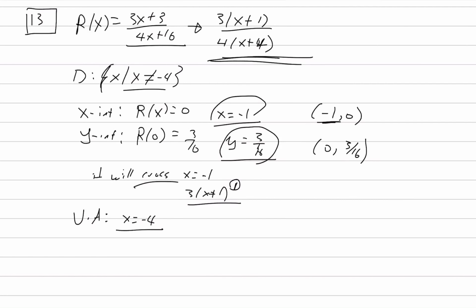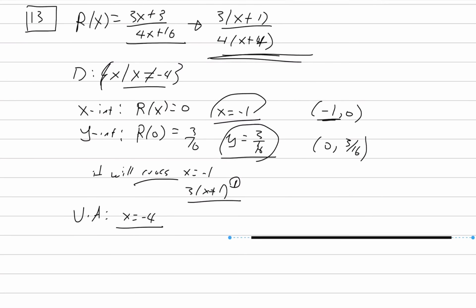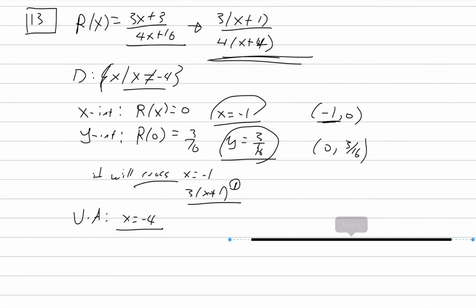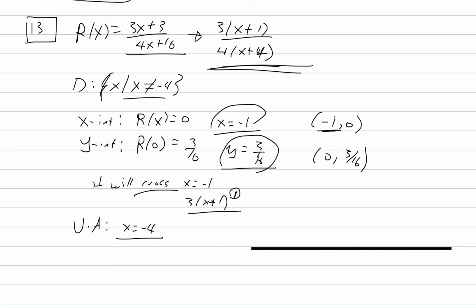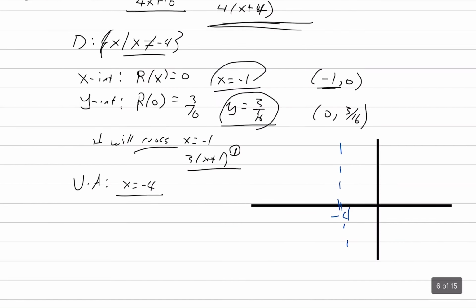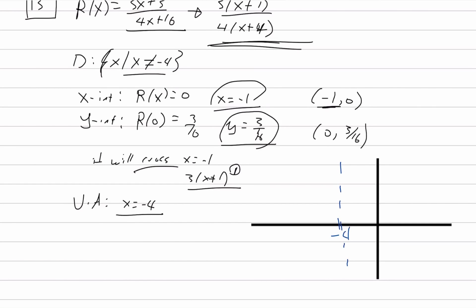Again, in order to do that, we have to sketch the graph, right? So we have a vertical asymptote. We have only one this time. And negative 4. Okay. And negative 1, 0 is the x-intercept, and the y-intercept, let's say somewhere here.